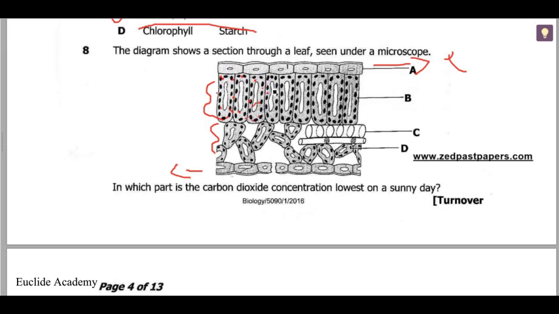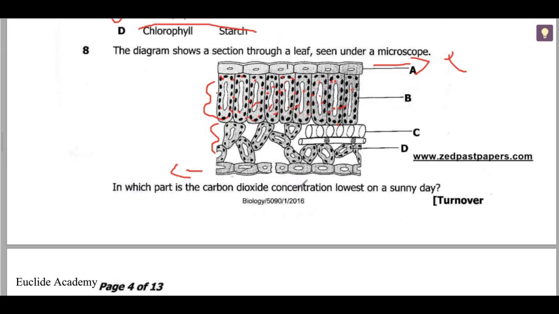These are chloroplasts, which contain chlorophyll, and they carry out photosynthesis. Photosynthesis means they use carbon dioxide to give you oxygen, and starch, or glucose.